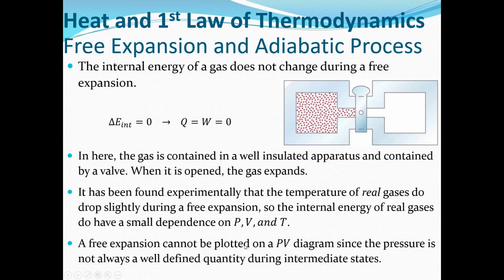It says here that the free expansion can't be plotted on a PV diagram, but technically nothing can be plotted on a PV diagram. None of these processes in real life can be done, because the PV diagram is assuming that at every moment it is maintaining an equilibrium state.